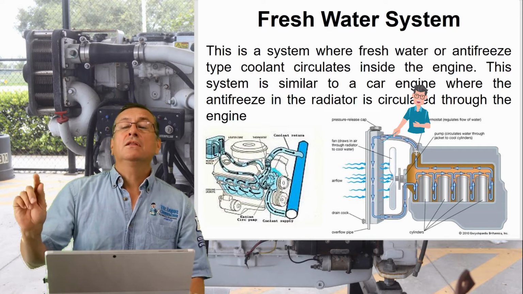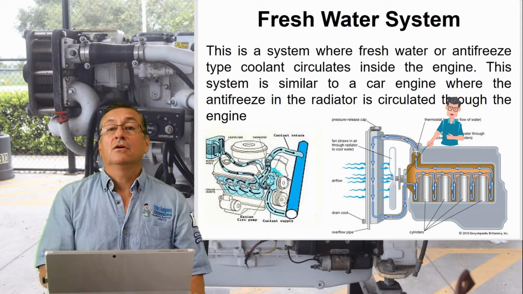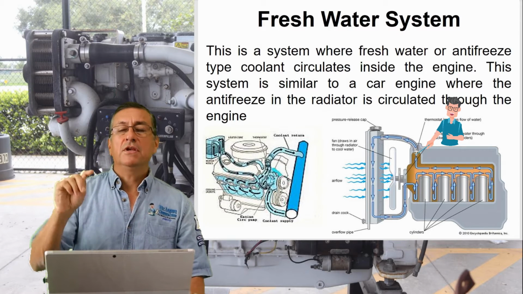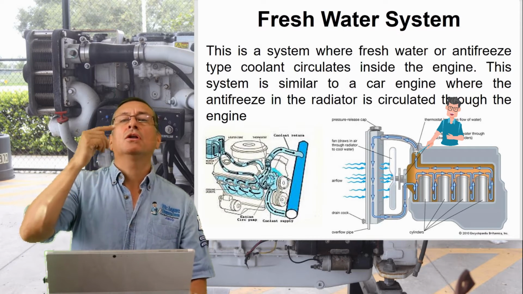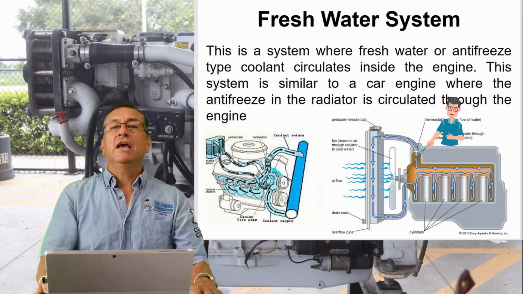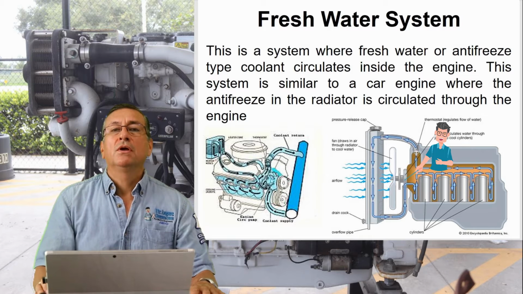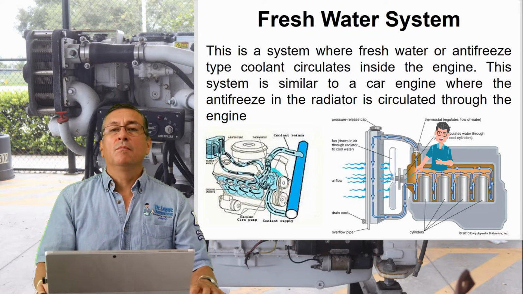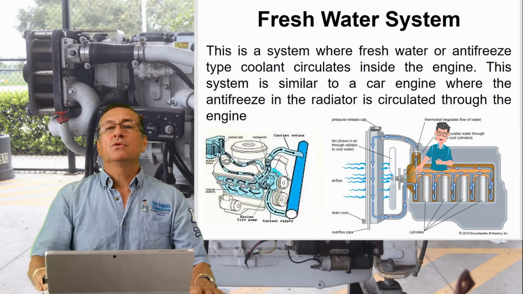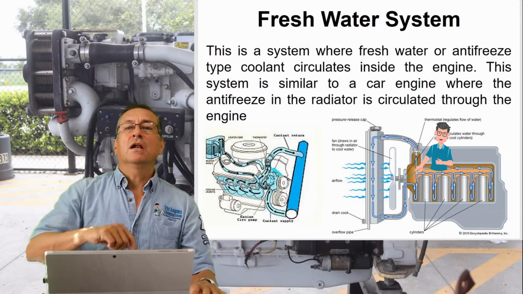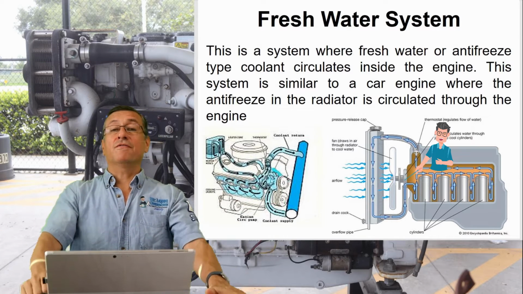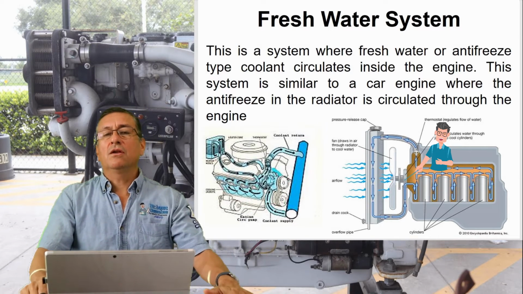When the coolant enters the engine at the thermostat housing, it enters at low temperature and refrigerates the engine again and returns to the radiator, and the cycle continues because the engine has a coolant pump, or circulating pump, or freshwater pump, dedicated to circulating the coolant through the engine and the radiator and back. This is the refrigeration cycle that we are going to study later in another chapter.